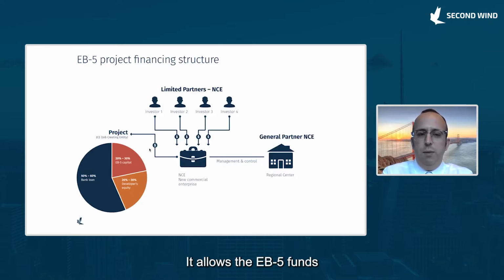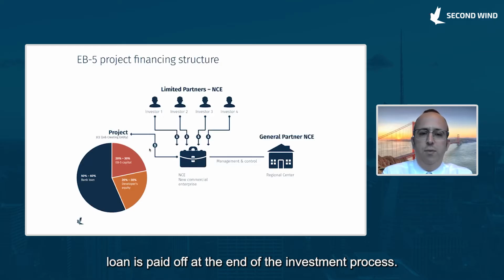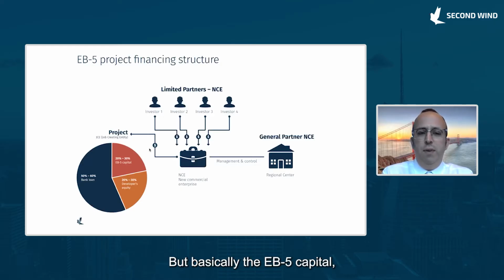It allows the EB-5 funds to have collateral in the project, which will be paid off after the bank loan is paid off at the end of the investment process. But basically, the EB-5 capital usually fits into that section of the capital stack.